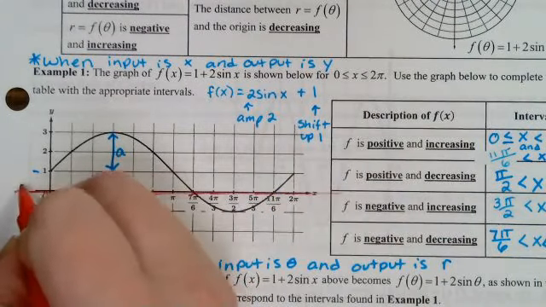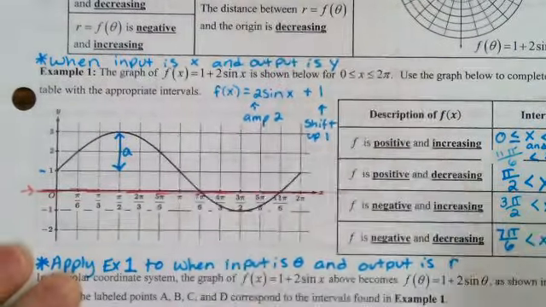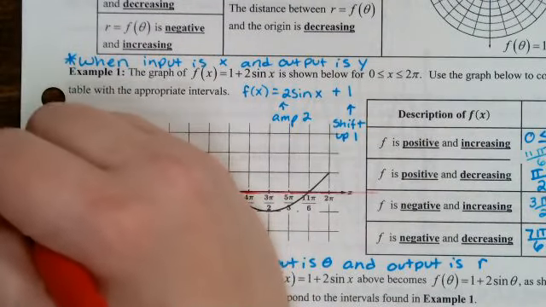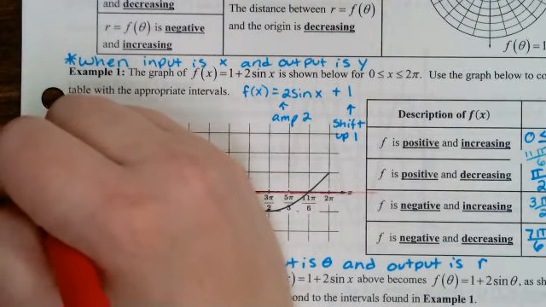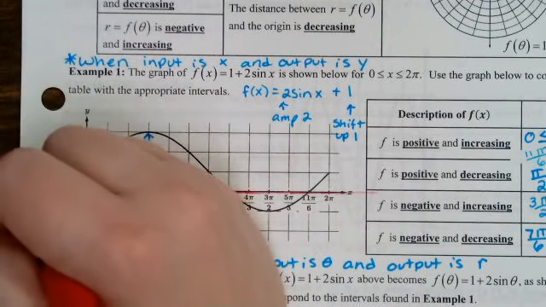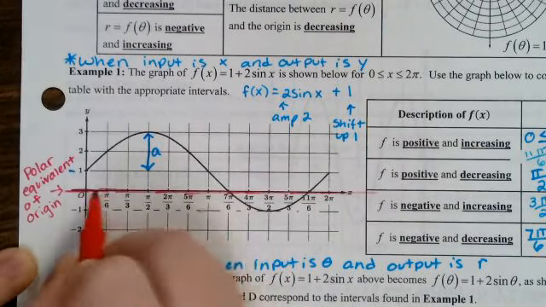This right here is like the equivalent of that origin, okay? So what I'm going to say here is that this is the polar equivalent of the origin. And it's the whole x-axis.